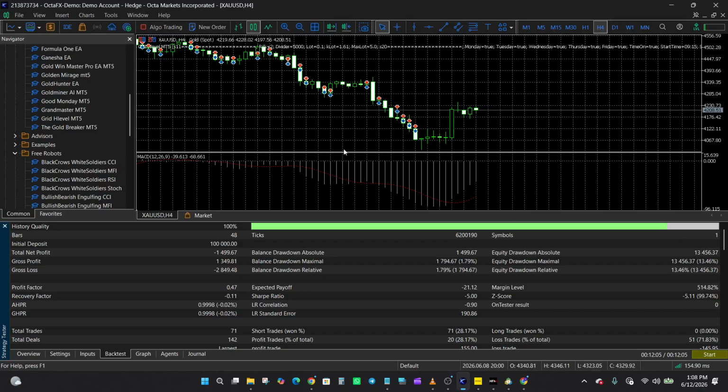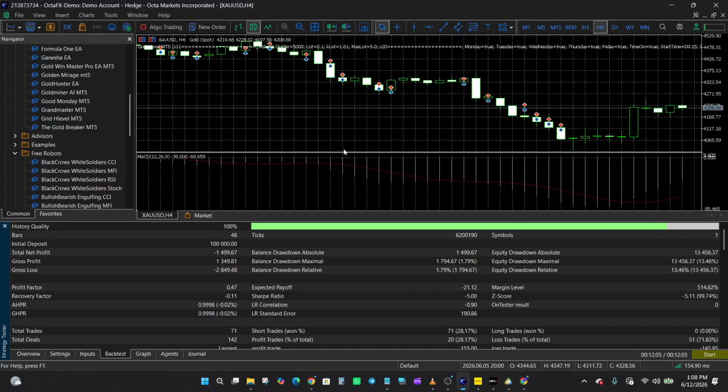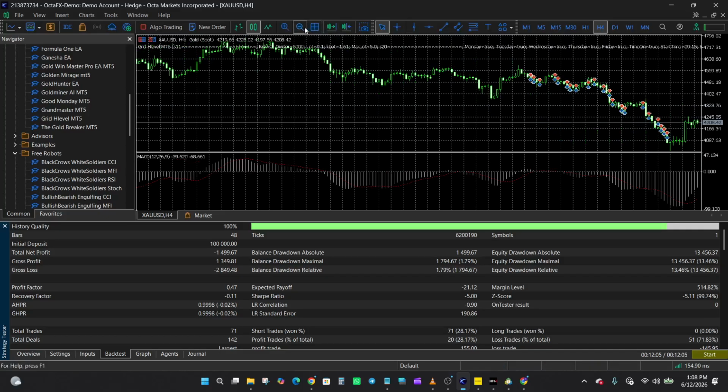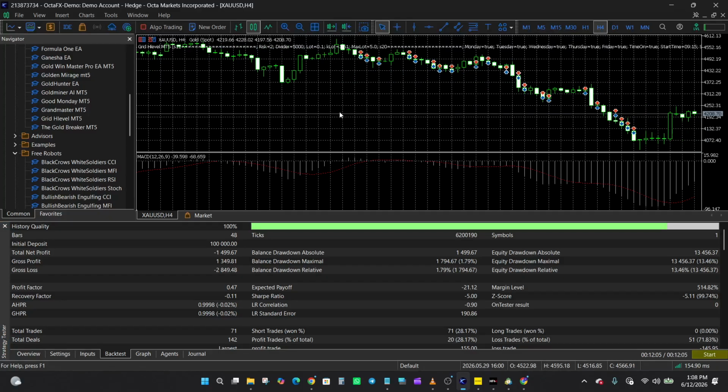So looking at the historical chart activity, the behavior appears consistent with the marketplace description. The system is designed to react around manually established support and resistance zones while managing trades through its averaging framework.